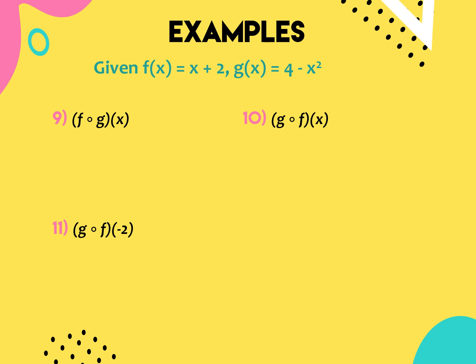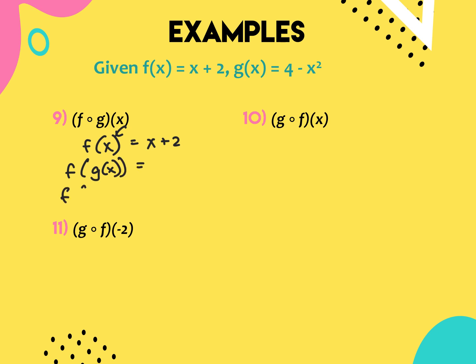Okay, so what I'm going to do is I'm going to take this, and I know that this is f of g of x, okay? And I know that f of x normally is x plus 2. If I substitute this x for f of g of x, right?